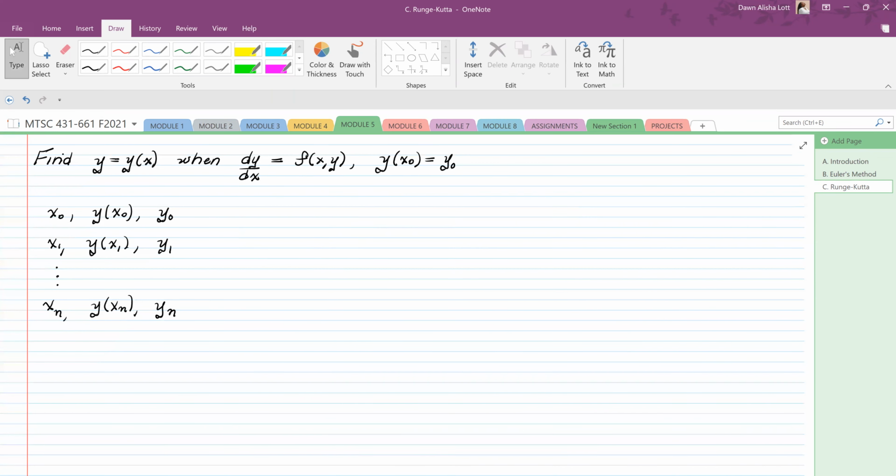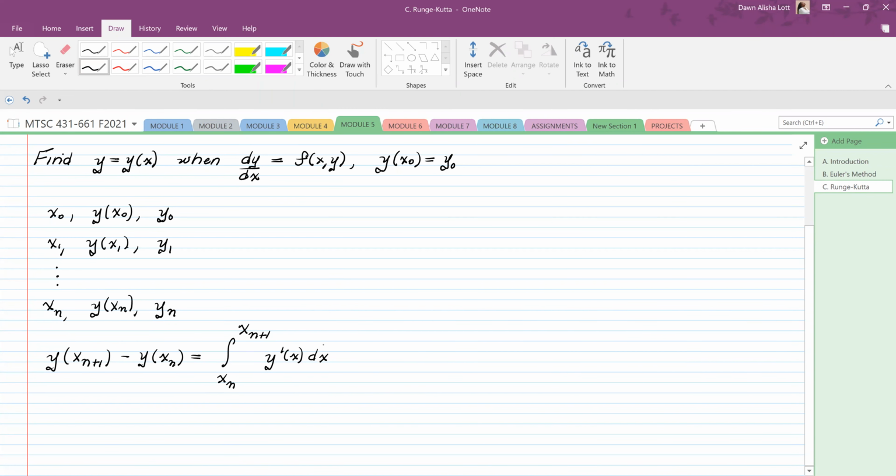So now, if I just look at the basics of Taylor series, I would know that y of xn plus 1 minus y of xn is simply the integral from xn to xn plus 1 of the derivative y prime at x dx.